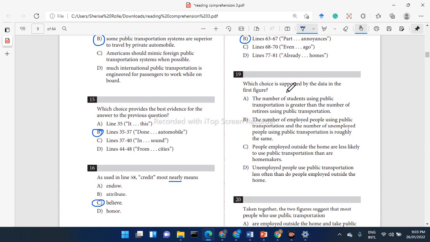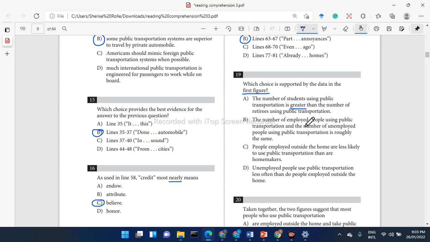Okay, number 19. Which choice is supported by the data in the first figure? Is it that the number of students using public transportation is greater than the number of retirees using public transportation?